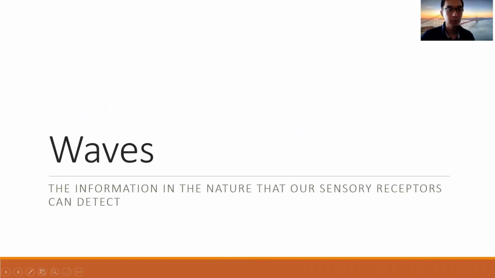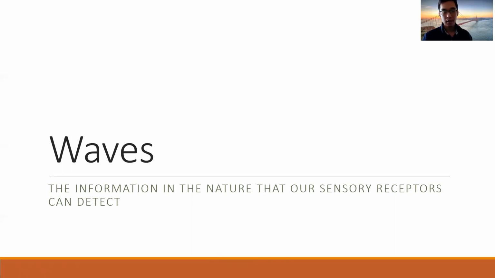Next, let's talk about waves. That's why we talk about waves, because that's the nature of the information for some senses, specifically for vision and audition, or hearing and seeing.